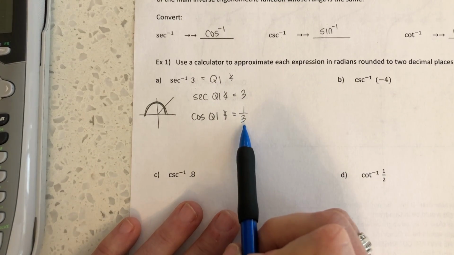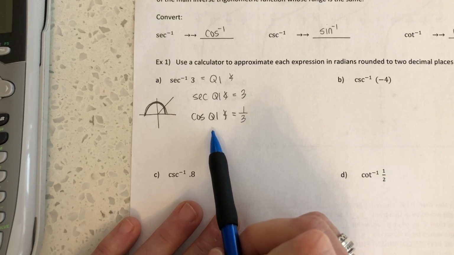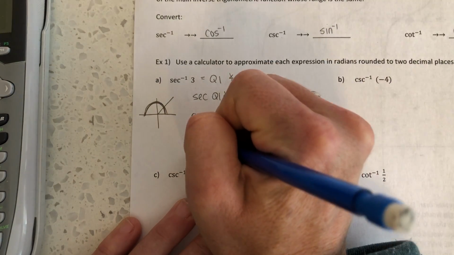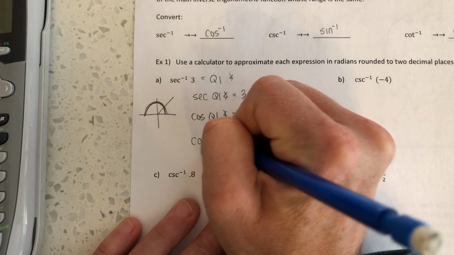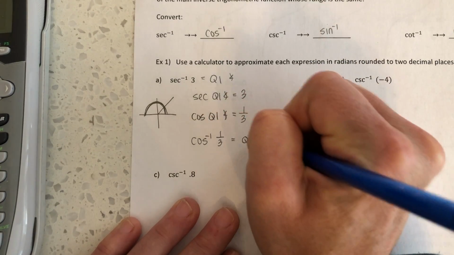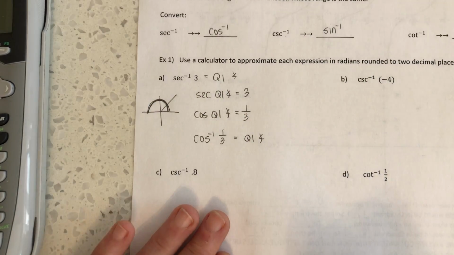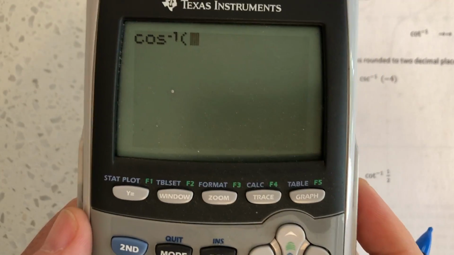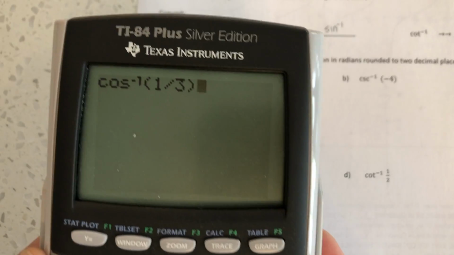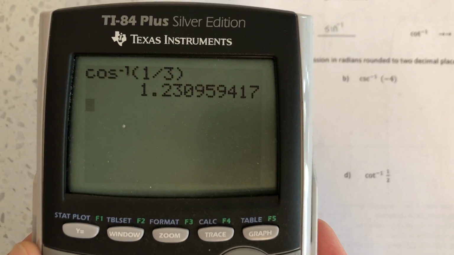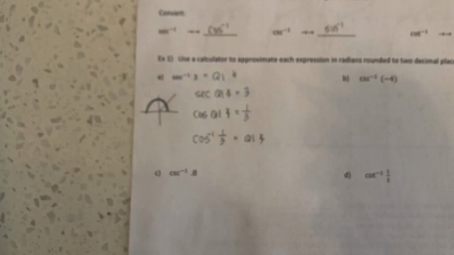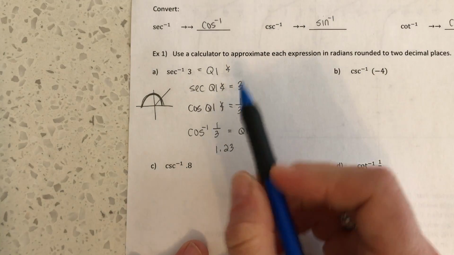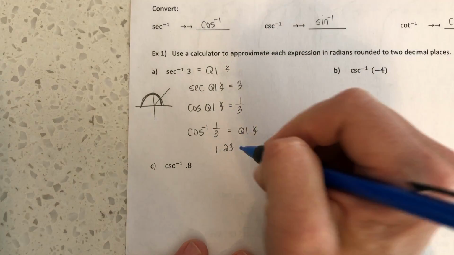So now all you need to do to figure out what angle it is, is take the inverse cosine of this ratio. So just ask your calculator, what is the inverse cosine of 1/3? And hit enter. And it is about 1.23 radians. That is the angle that has a cosine ratio of 1/3, or a secant ratio of 3.